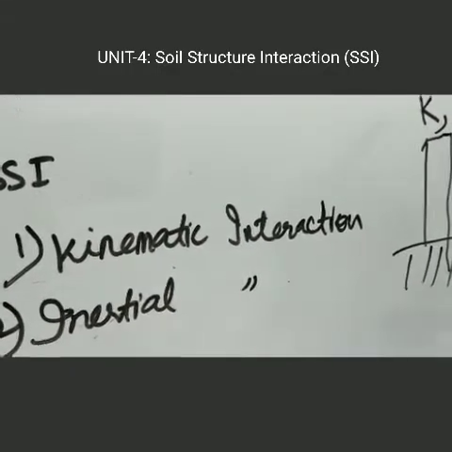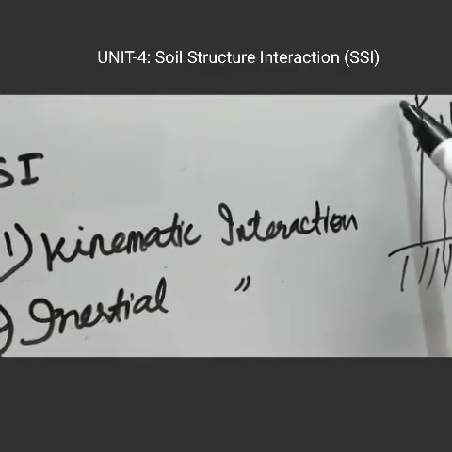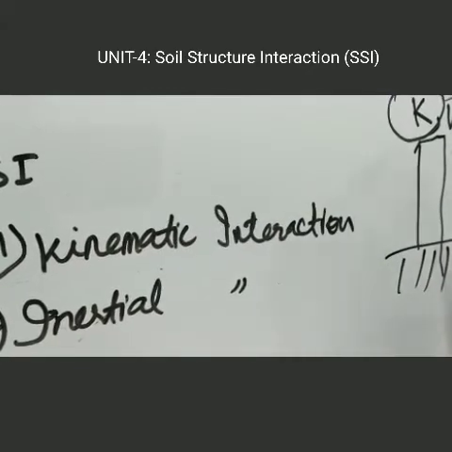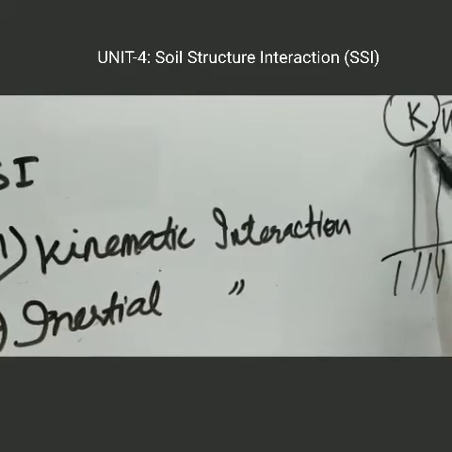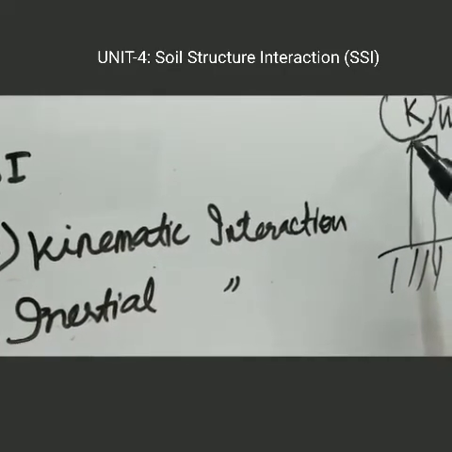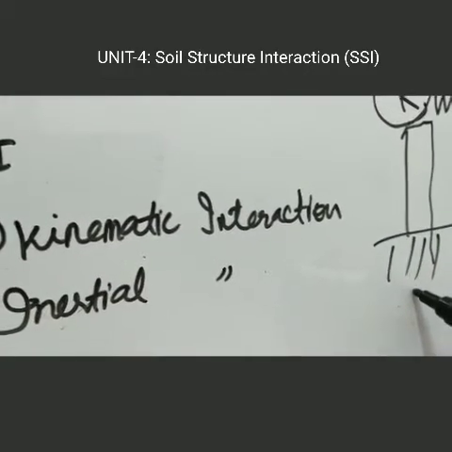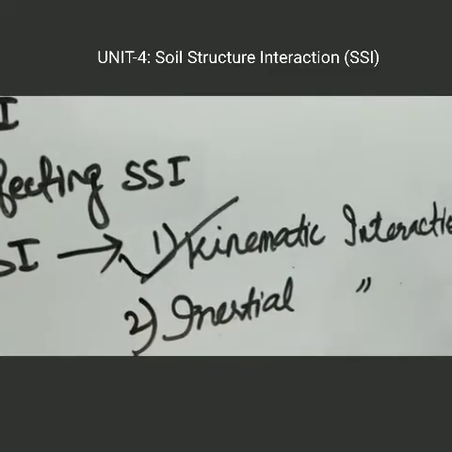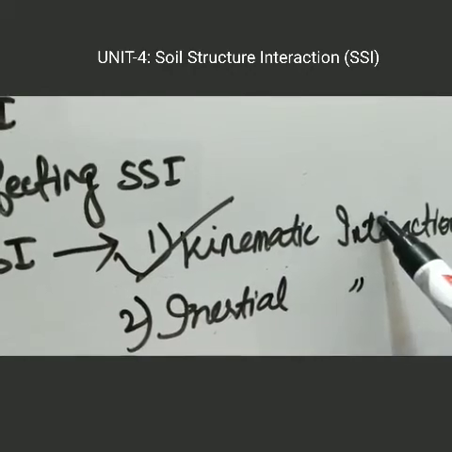When in the foundation of the building the stiffness is more than the mass, that is, stiffness is the dominant parameter, and because of the stiffness the vibration in the building is happening, and that vibration will affect the vibration of the soil and vice versa, it is called kinematic interaction. That is, it depends on the stiffness of the building.